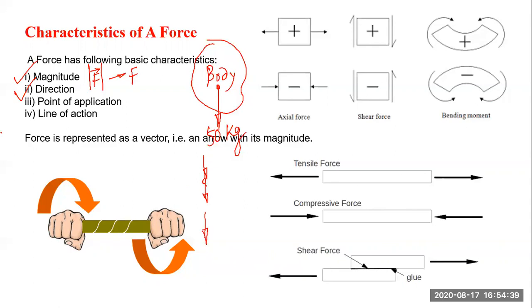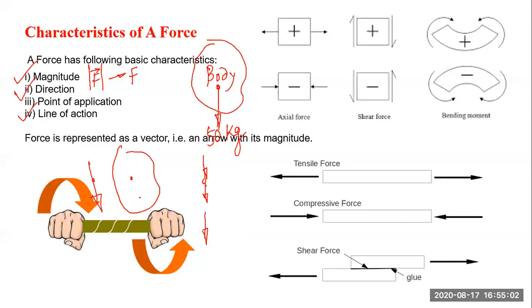The line of action. It cannot happen that there is a body here and you are showing the weight here. Yes, it is possible if the body is treated as a particle body, not as a mass body.